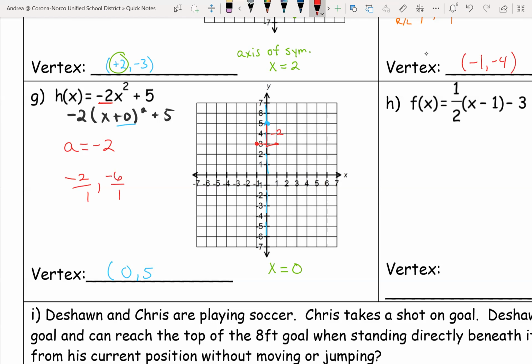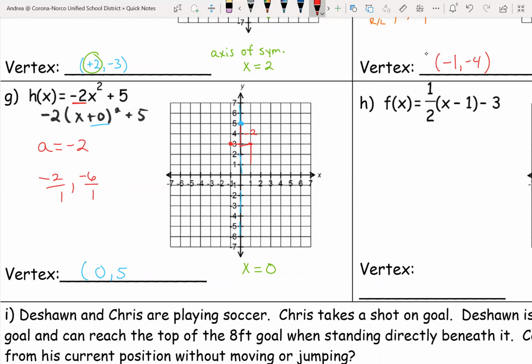So I'm going to go down 1, 2, 3, 4, 5, 6, and over 1. And then this is my parabola. Since the a value is negative, it should be facing down, and it should be skinnier. That makes sense?